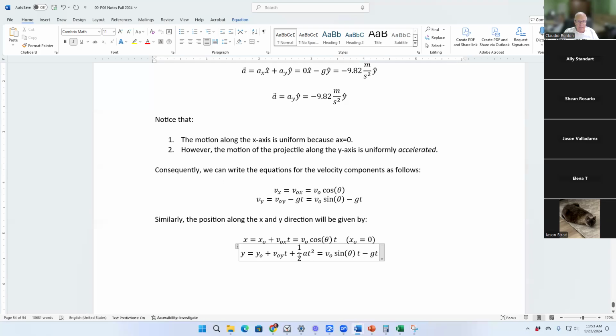We still have the half, but don't forget, the acceleration here is a sub y, which is minus g.